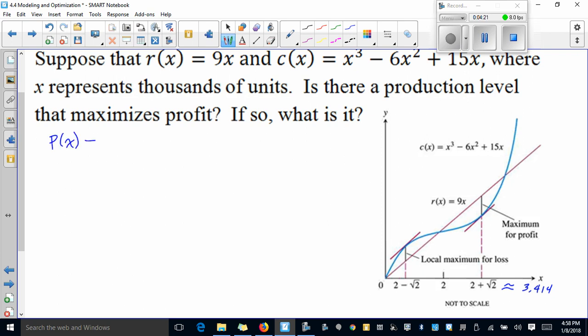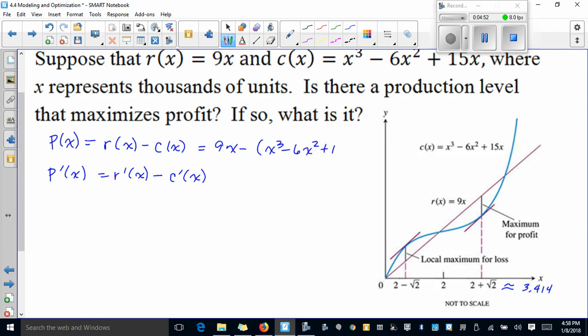So this one here is going to be 9x minus x cubed minus 6x squared plus 15x. If I do the derivative, to get the marginal profit, I'm going to get 9 minus, still in parentheses, 3x squared minus 12x plus 15.